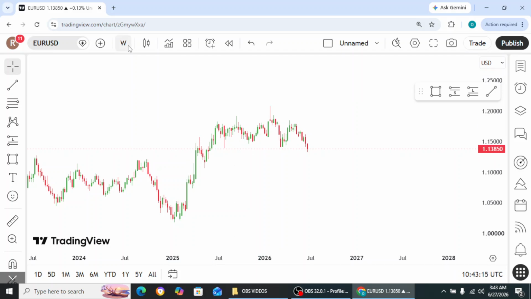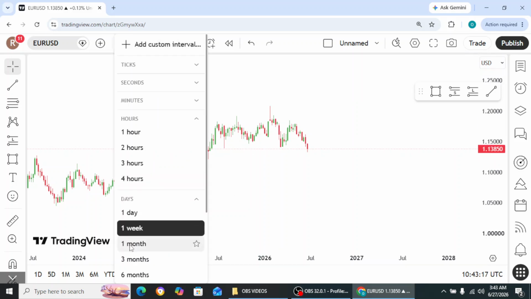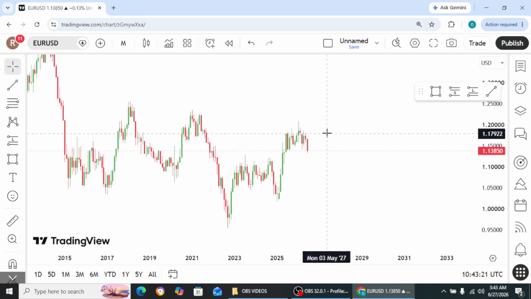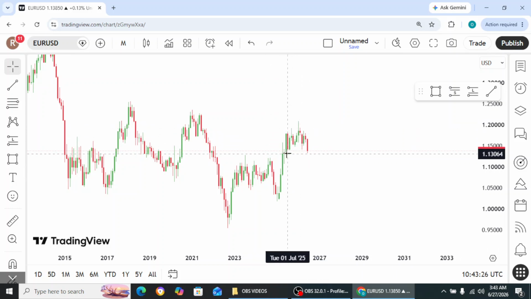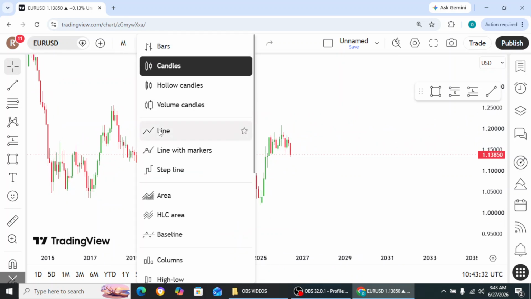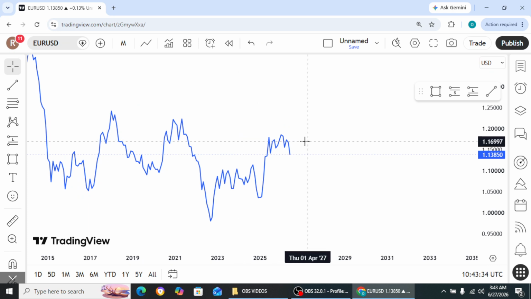But let's look at what the monthly time frame will show us. Now you can see some level of exhaustion and some level of consolidation. Let's go to line chart so that we can see it clearly.